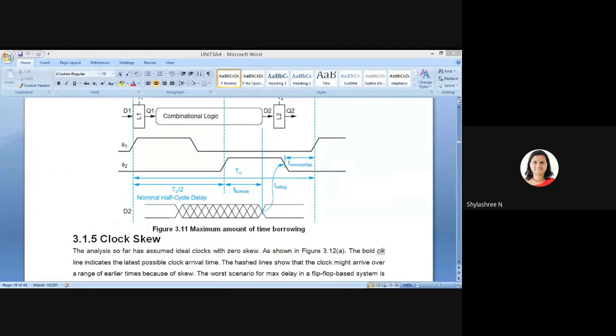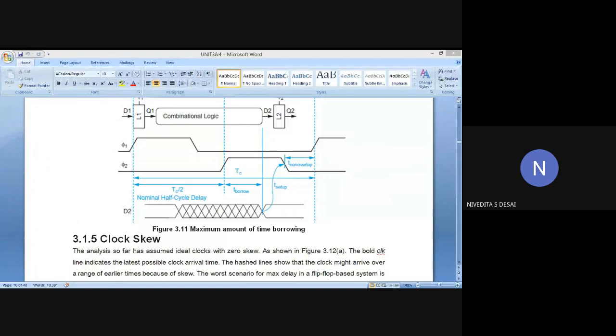He designs the circuit according to that. That is called intentional time borrowing, in which the designer can more easily balance the logic between the half cycle and the pipeline stages.